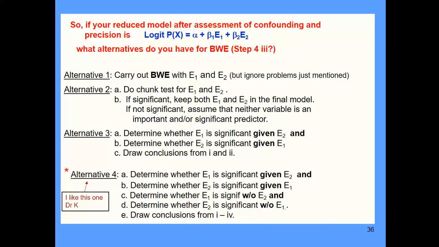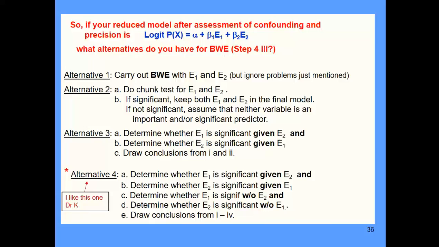Here are the alternatives if you're dealing with this situation and you want to consider backward elimination. One thing is you just carry out backward elimination and you don't worry about the problems I just raised. That's one alternative. That's what a lot of people do. Another one is you do the chunk test for E1 and E2, and if it's significant, you keep both of them in.